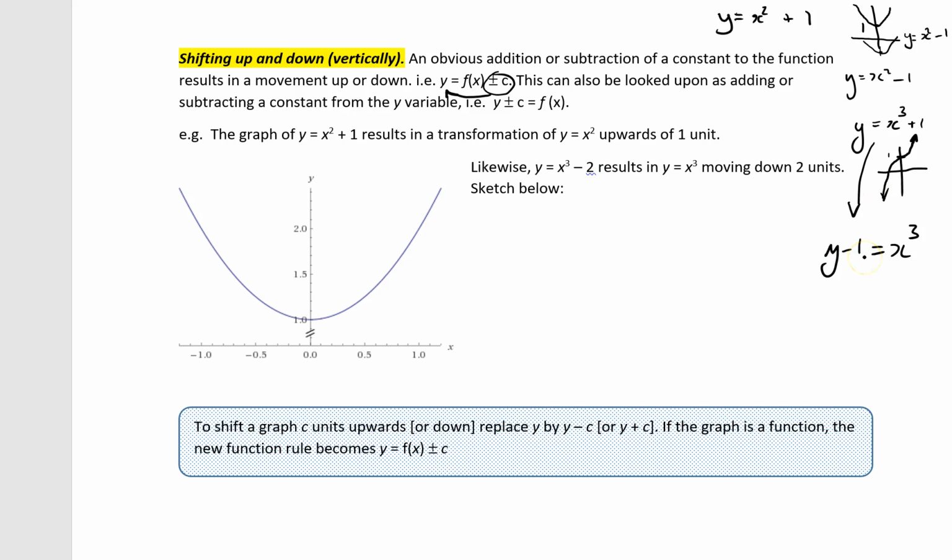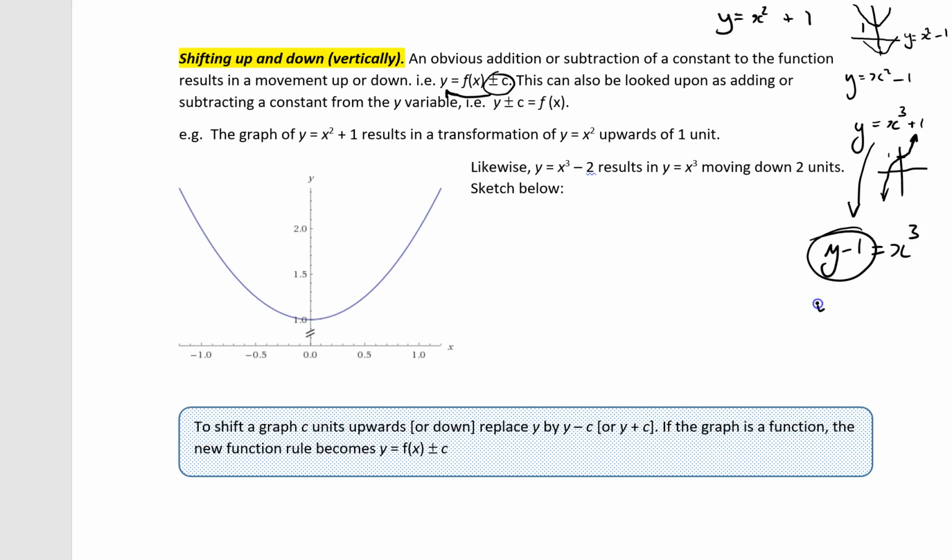And so you might see a description about impacting on the y component of the function. So to shift a graph c units upwards or downwards, it's going to say replace y by y minus c.